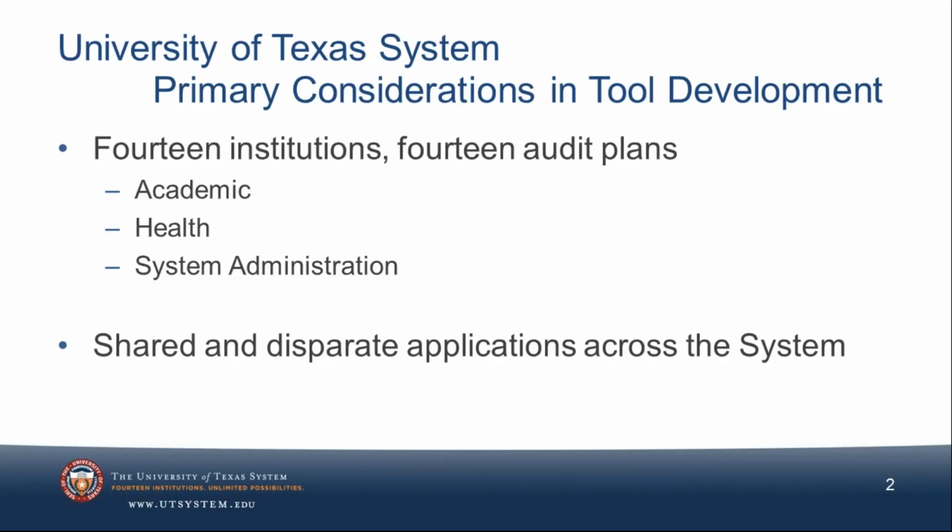So we'll look at the plans and look for commonalities. Next, just like I said with the shared and disparate applications, if they are shared, if it's PeopleSoft, more likely we're going to pick some kind of process, some kind of area that the tool will focus on that we can do with those shared systems.